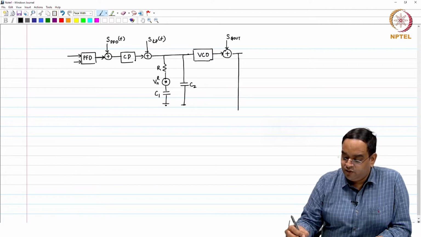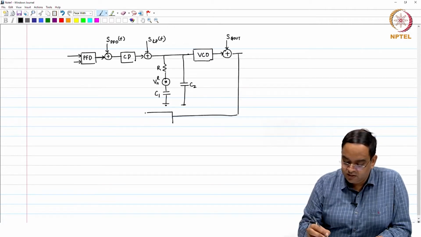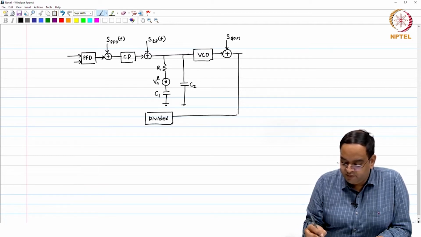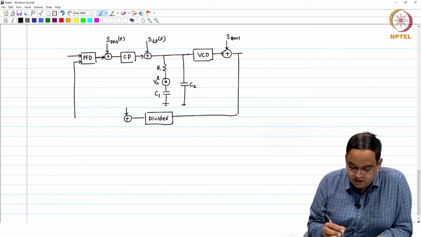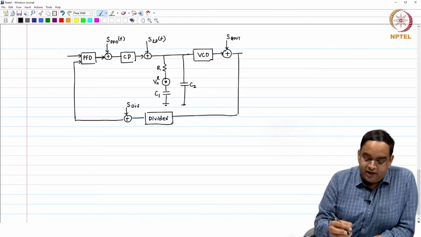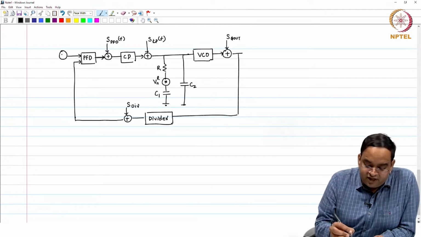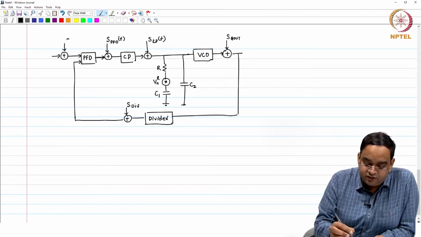Then you have a divider in the feedback, and the divider also has an effective noise which gets added. So we identify all these noise sources in the system, including the divider. And by the way, the reference you are feeding from may not be that clean, so that also adds noise to the input. So, S_phi in, or reference.